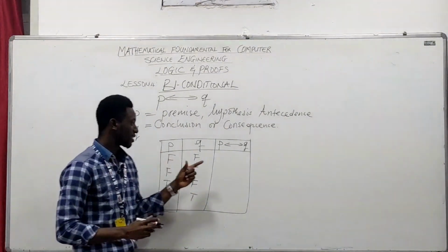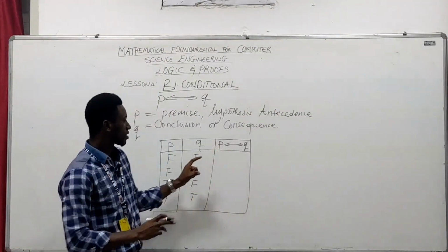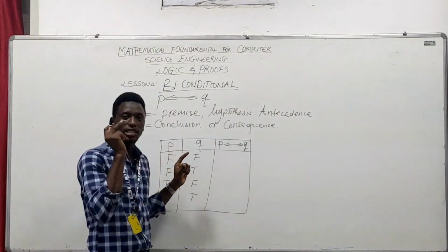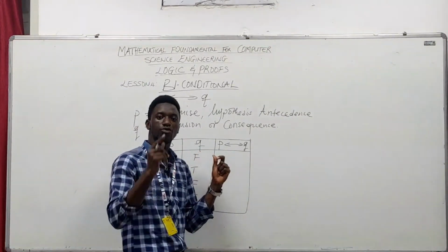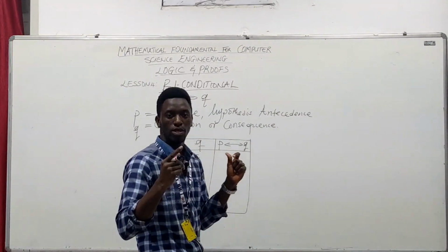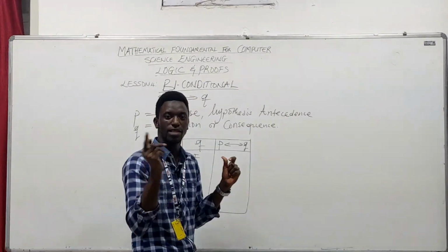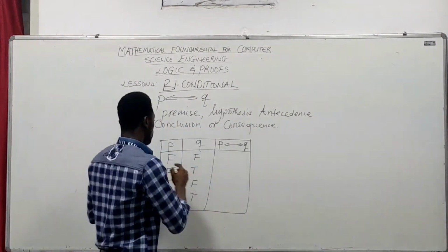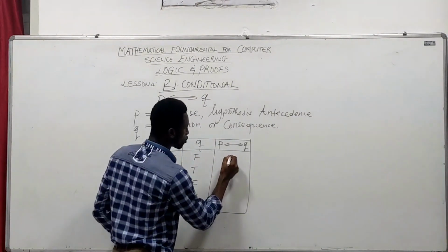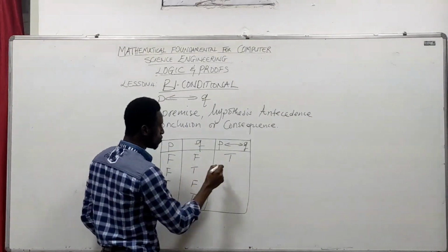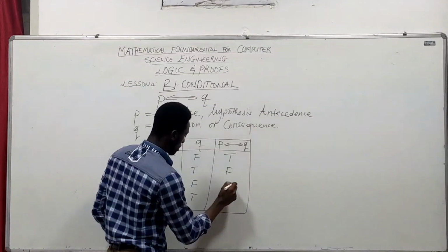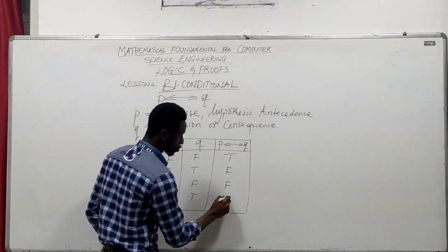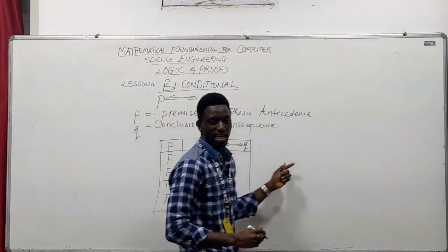So for biconditional statements, it says if and only if both statements are either true or false. So if one of the statements is true and the other is false, then the statement definitely becomes false. Okay? So false, false become true. False, true become false. True, false become false. And true, true becomes true.